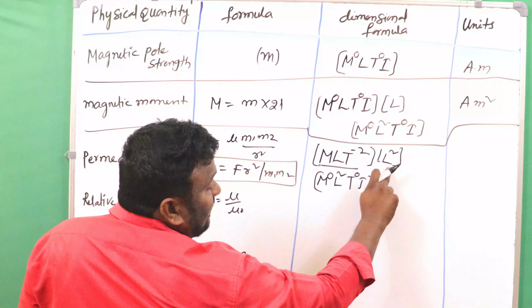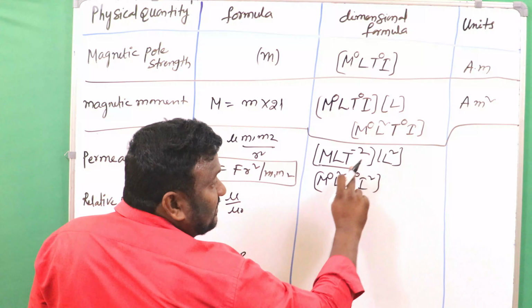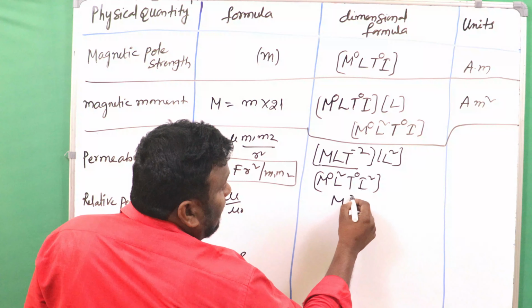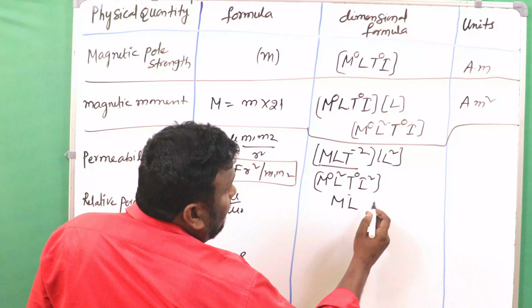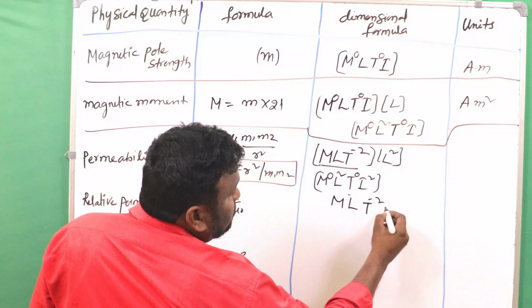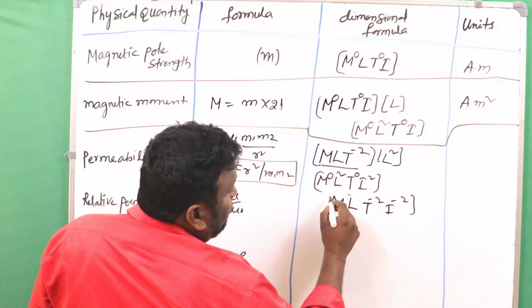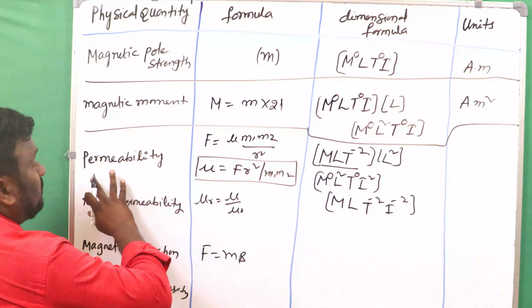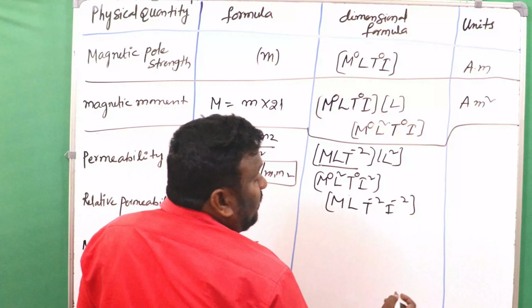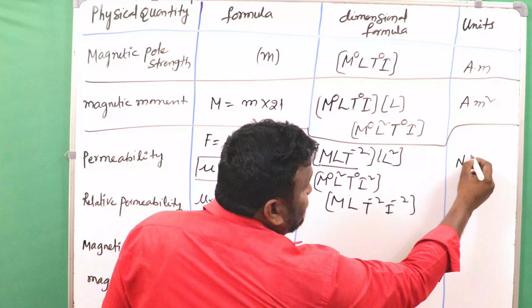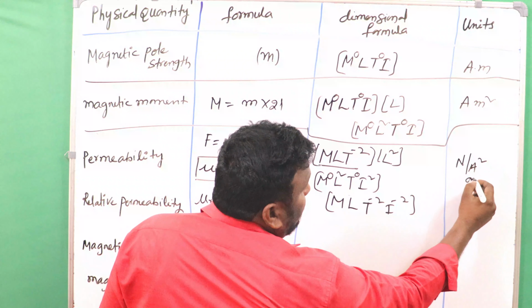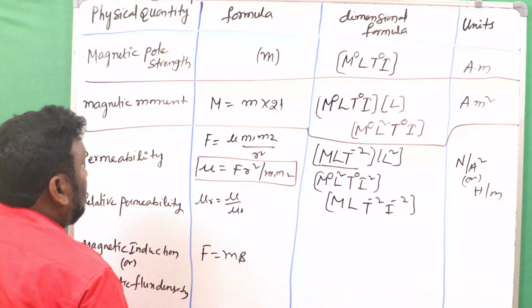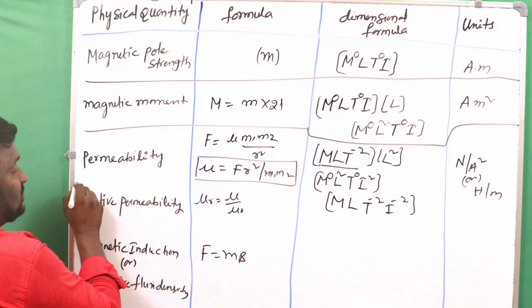So L square cancels because L to the power of 2 minus 2 is 0. Then what you have is M L T inverse 2 I inverse 2. So M L T inverse 2 I inverse 2 is the dimension formula of the permeability. The unit should be written as Newton per ampere square or Henry per meter. That is the formula and dimensional formula of the permeability.